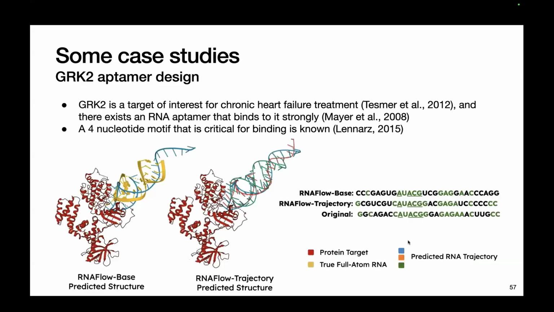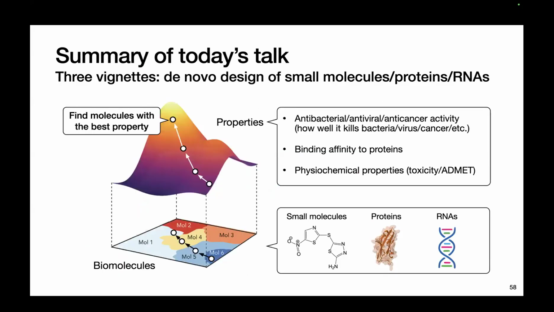So this is the idea behind RNA flow, and we show that some of the designed structures closely align to the ground truth, right? These are some visualizations of the predicted or designed RNA aptamer structures with GRK2.